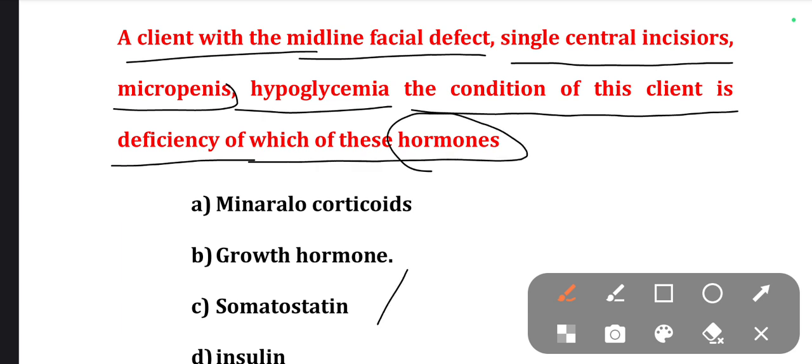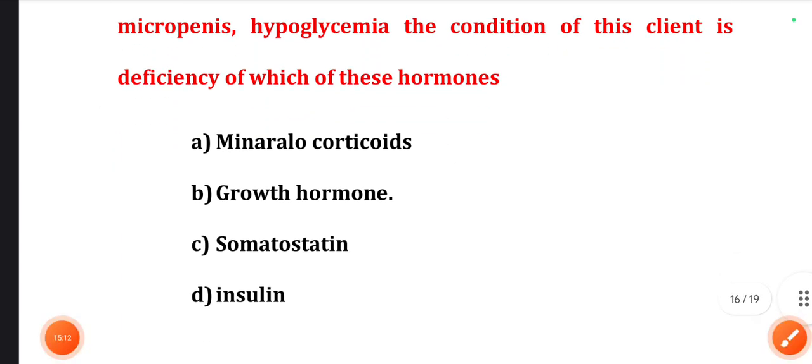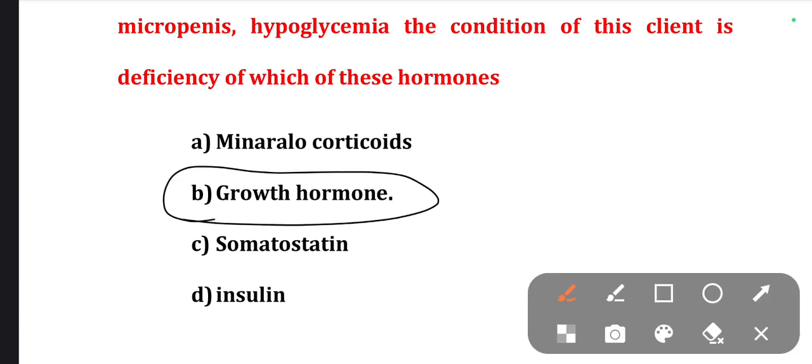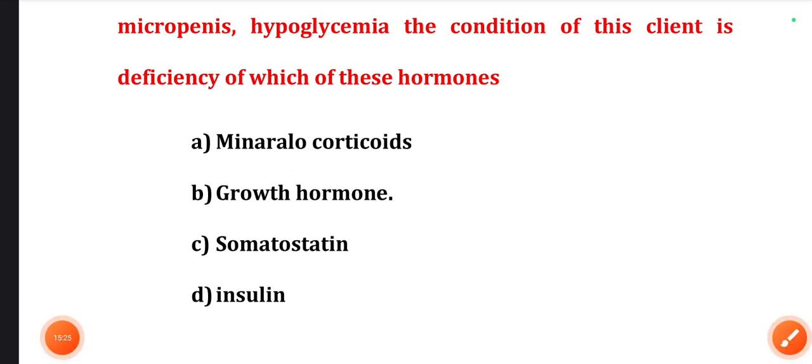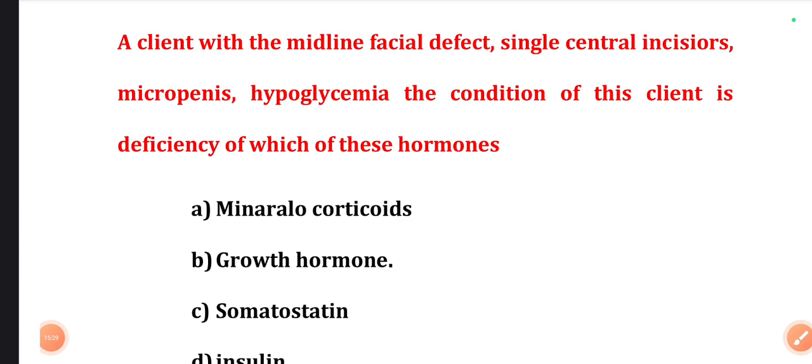Among these, which hormone can lead to this kind of features in the client? The options are mineralocorticoids, growth hormone, somatostatin, insulin. The right one is growth hormone. So when there is a disturbance in the growth hormone, we can see this kind of clinical features in the client.